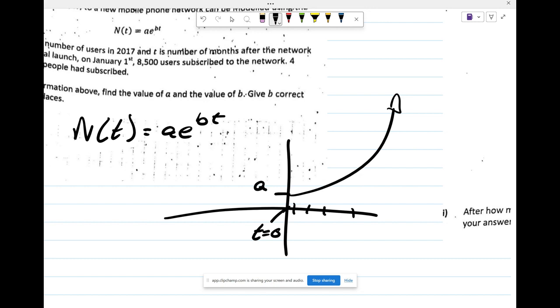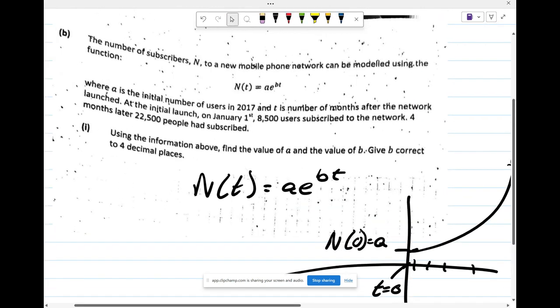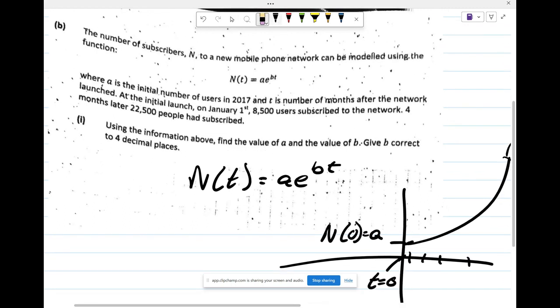We just start, t is 0. And so A is actually going to be equal to N(0). So when t is 0, that's our initial number of users. We don't have to wait any time to get them. They're already there.